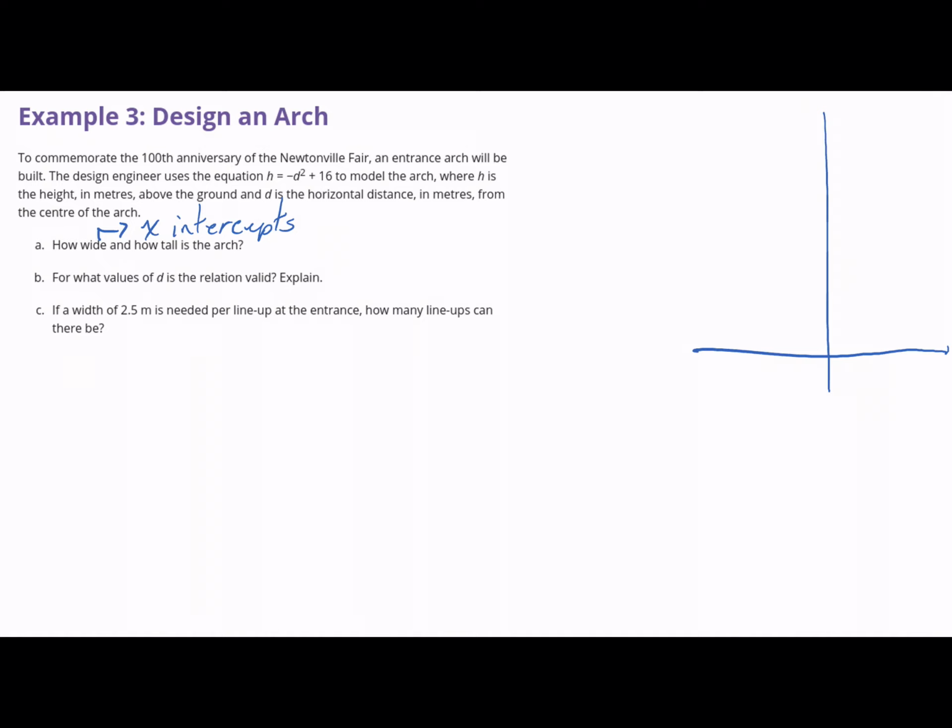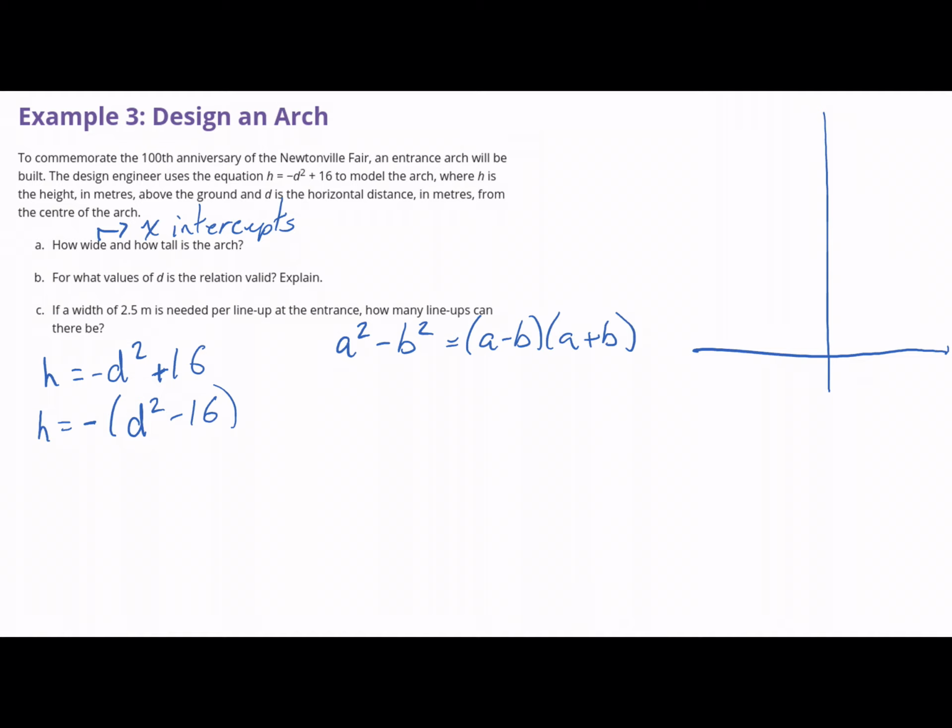We're looking for x-intercepts. So we're starting off with h equals negative d squared plus 16. So when we don't have a d term, look for a difference of squares. If I factor out that first negative, I then have d squared minus 16. And now I've got this rule again inside my bracket, where I've got a squared minus b squared equals (a minus b)(a plus b) inside that bracket.